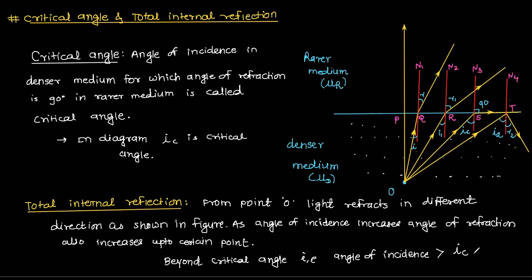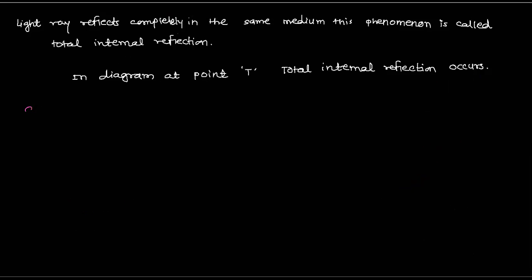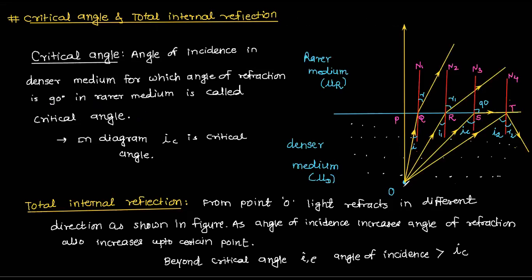What are the conditions for total internal reflection? What are the conditions when we can say that total internal reflection will occur? So first condition, see, light rays should travel from denser to rarer medium.